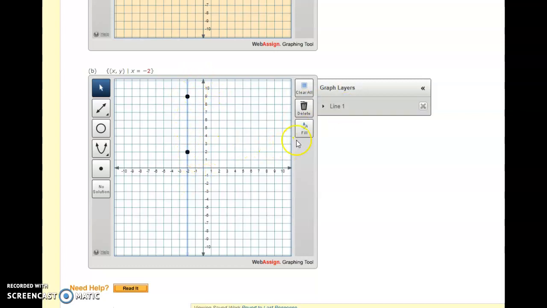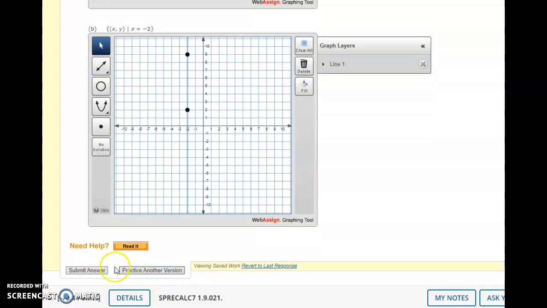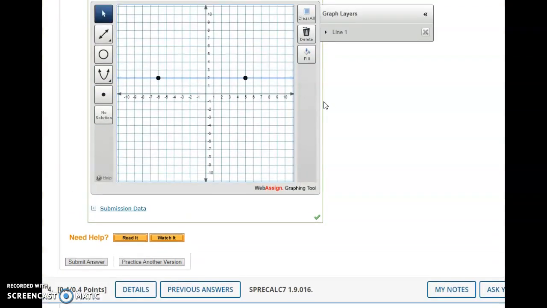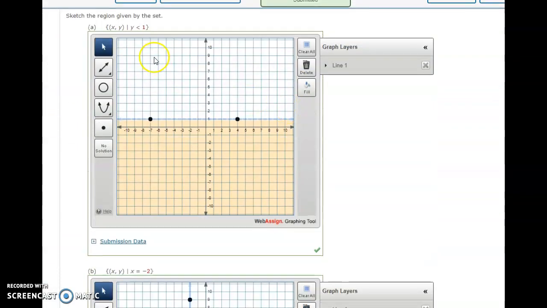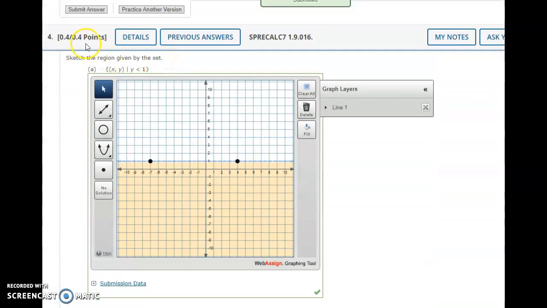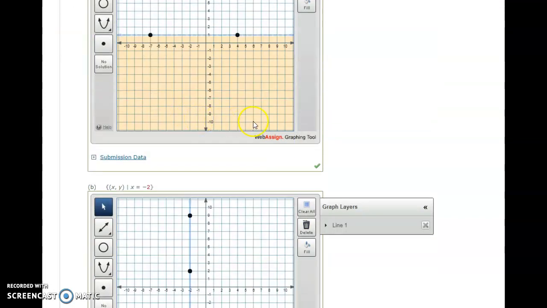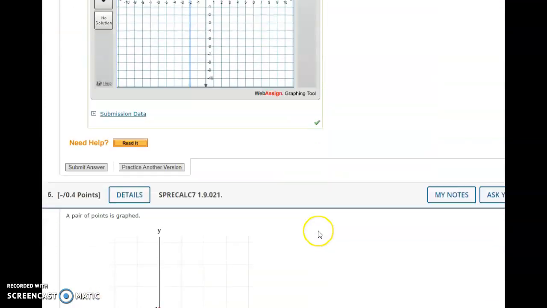All I need is 2 points to draw a line, and that is equal to -2. It doesn't have a greater than, less than, or equal symbol, so it's just the vertical line. Now let's hit submit and make sure that it took our answer. Again, I have 0.4 points, and I have a green check mark and a green check mark.